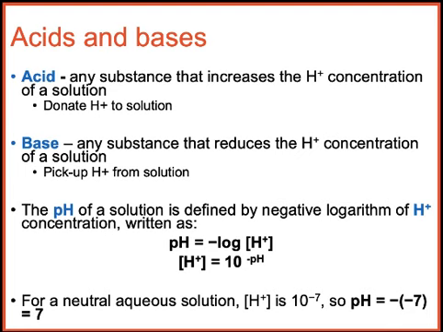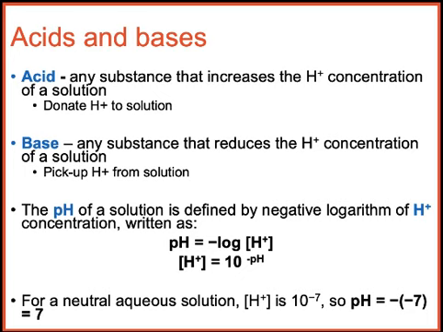So HCl, hydrochloric acid, comes into solution, and it right away gives away its hydrogen, says thank you for letting me in. H plus gets released. Bases, on the other hand, are any substance that reduces the H plus concentration of a solution. So whatever can pick up H plus from the solution, okay?